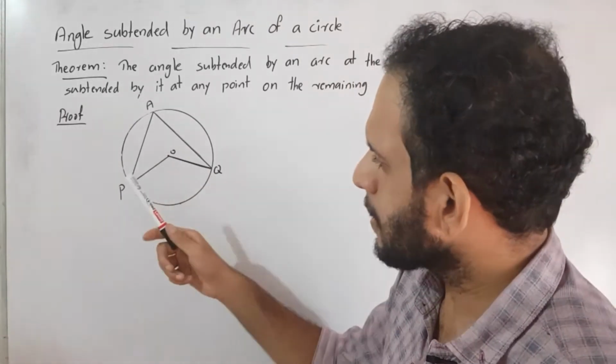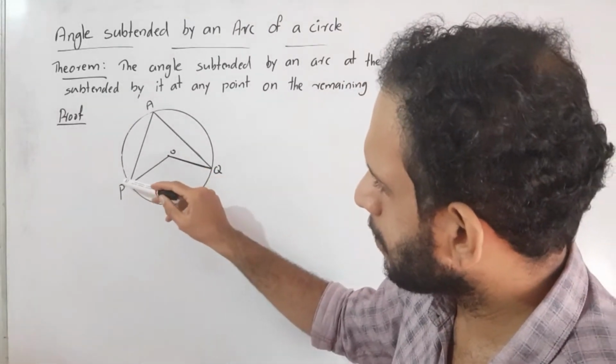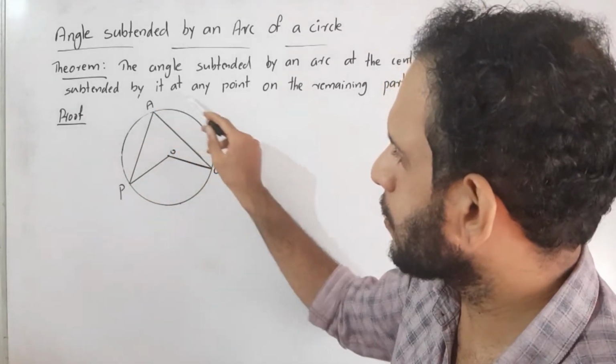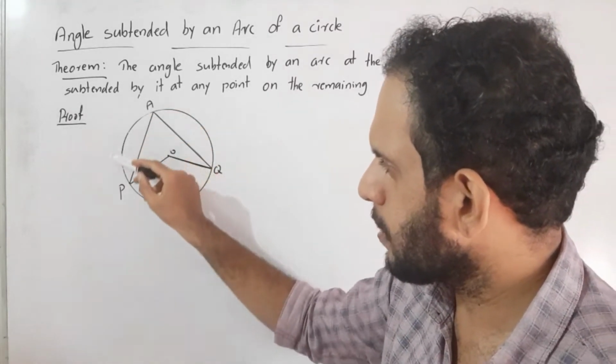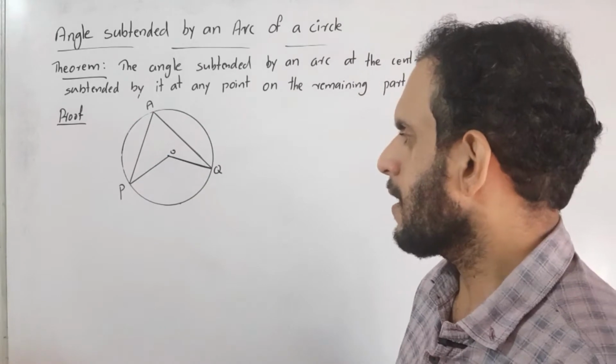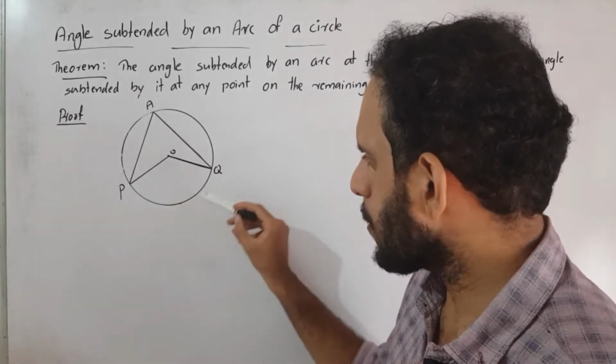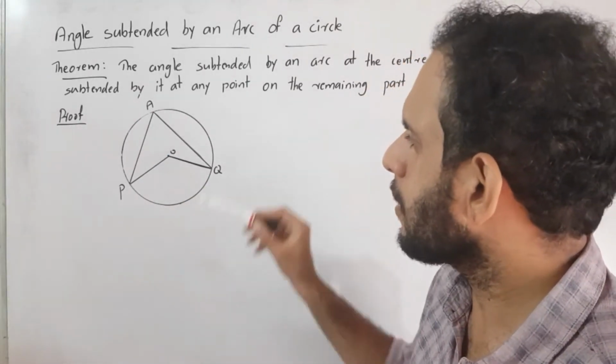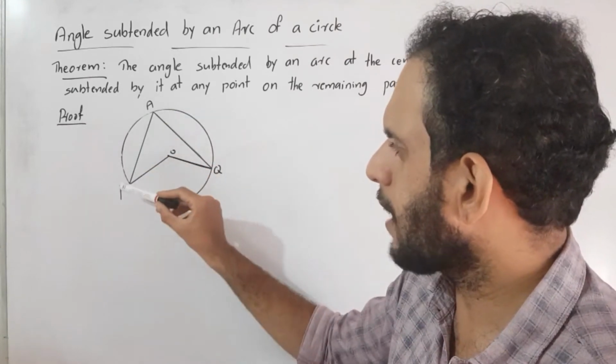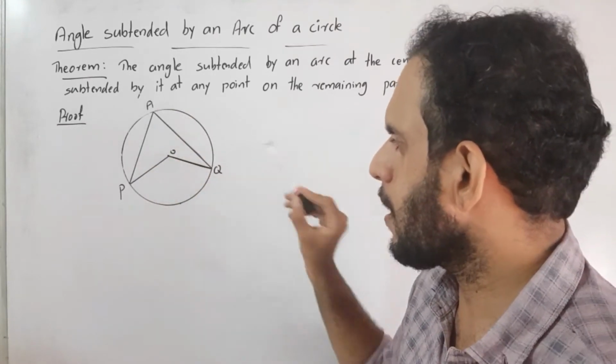And what is the remaining part of the circle? The remaining part of the circle means the arc PAQ, the major arc. The same arc PQ subtends an angle on the remaining part of the circle, that is angle PAQ.